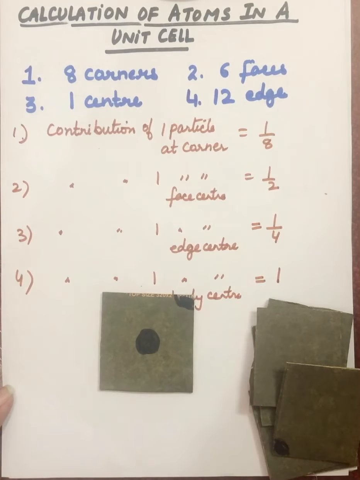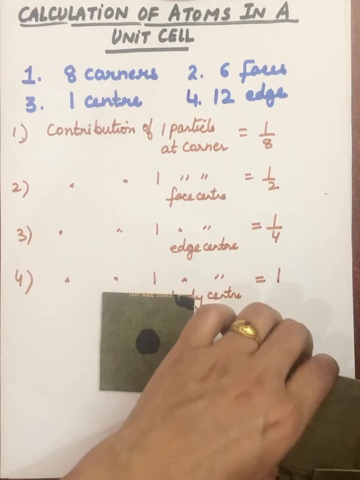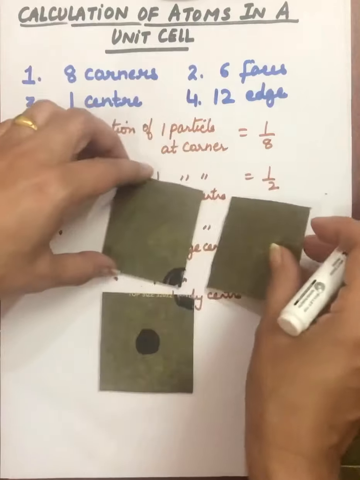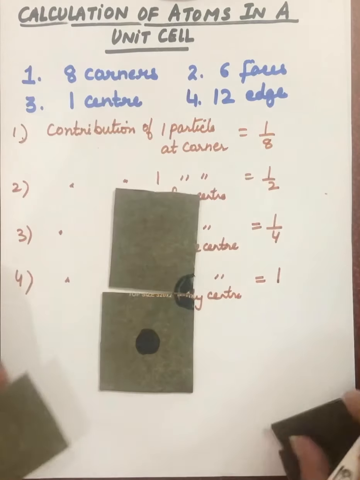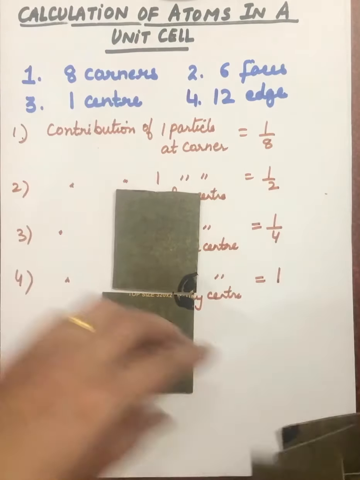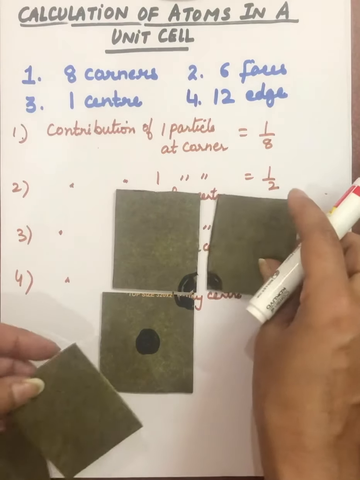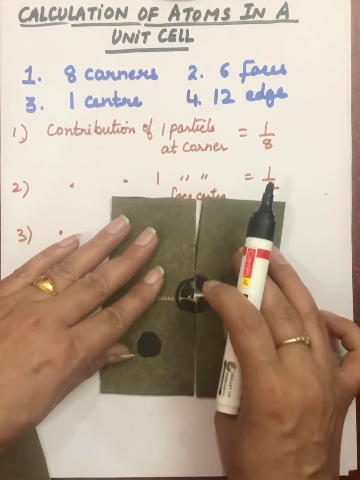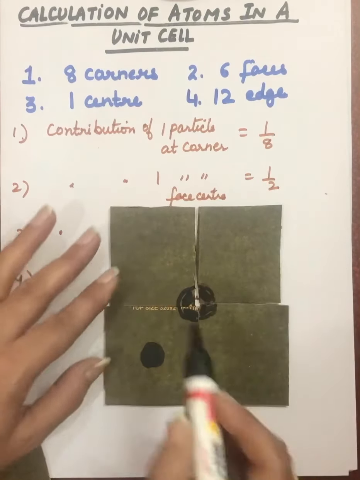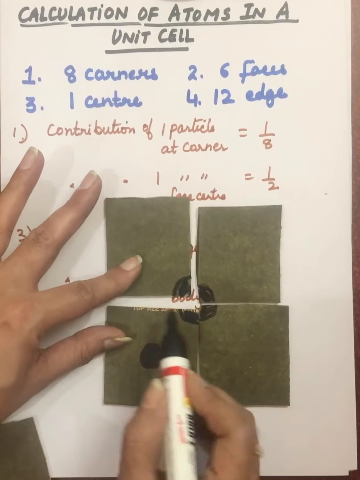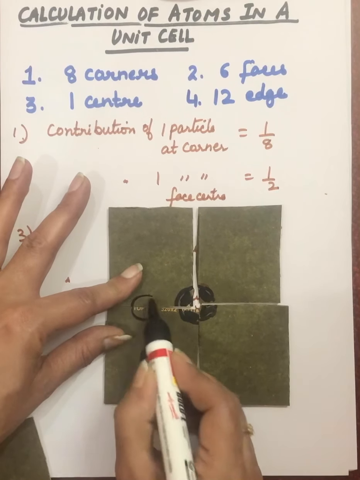Now come to the edge center. For this I am again taking 4 unit cells, like this. Now I'm taking this edge, the particle here at this edge.